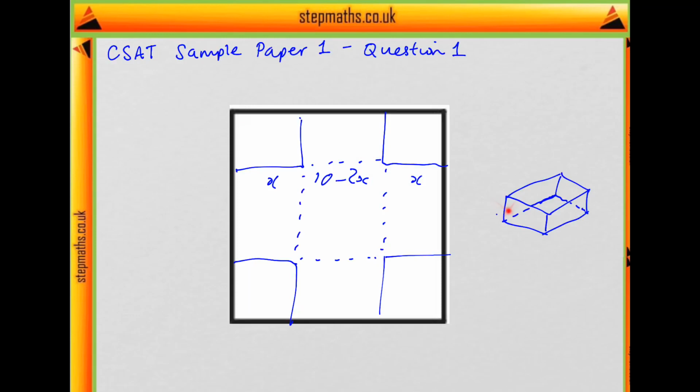And then if we compare to this box, how is that going to give us the volume? If we look at the base, that's a square, and the side lengths are this, and then the height of the box is x. So when we go to write down the volume, we're using a square of this side length times this height.